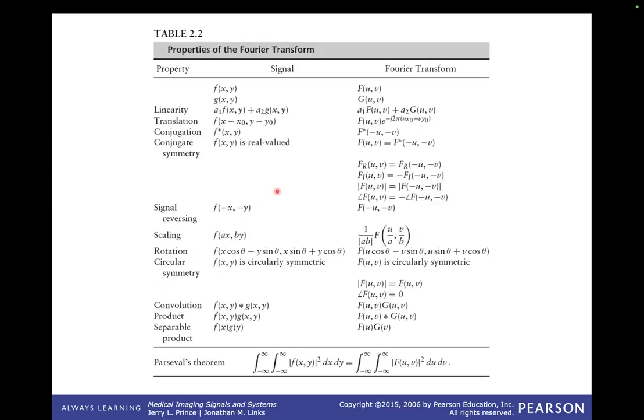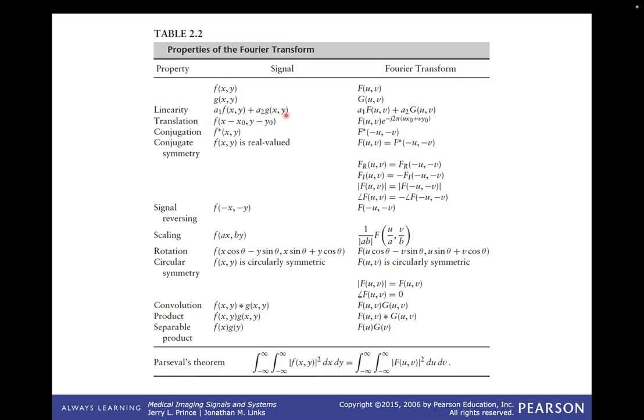And then here are some fundamental properties of the Fourier transform. Here we've got a signal f(x,y), a continuous signal in the plane. Its Fourier transform is this function. And here's g(x,y) and its Fourier transform is this. That sets us up so that we can start looking at some properties.